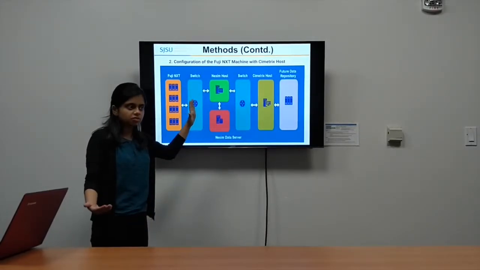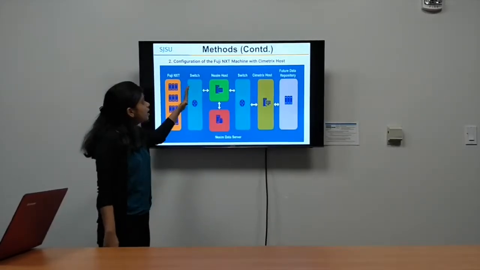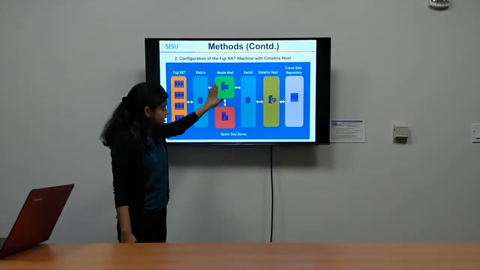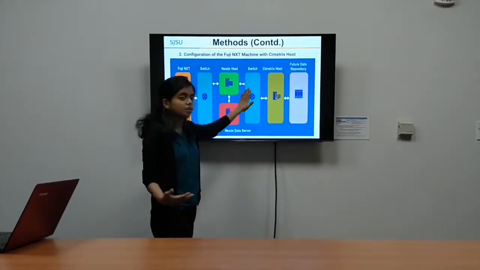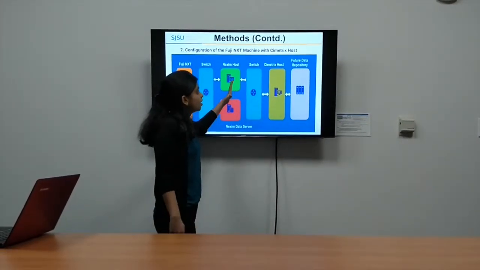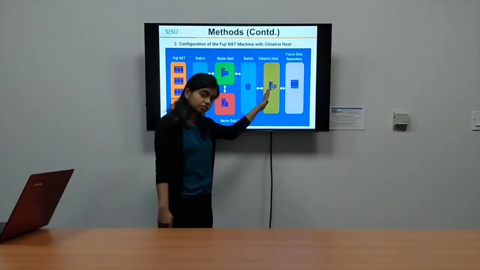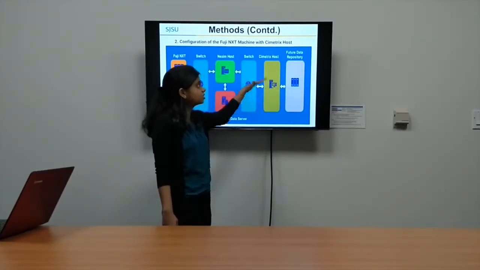It was a T1000 24 port switch or hub, and once we had the data on the Nexim host, it again transferred it to another switch or hub, which transferred the SECS/GEM data to the central data repository that we called in our project Cimetrix host.